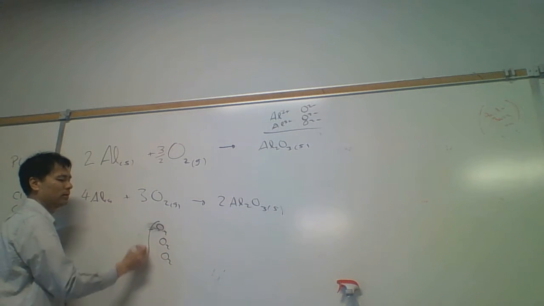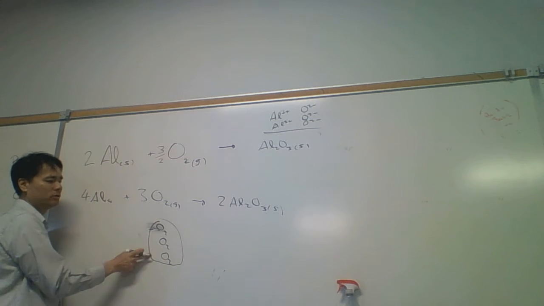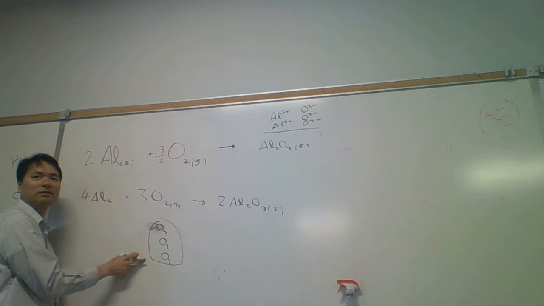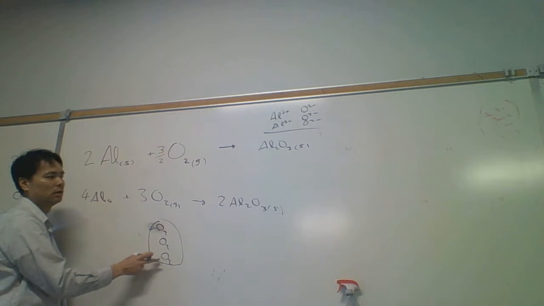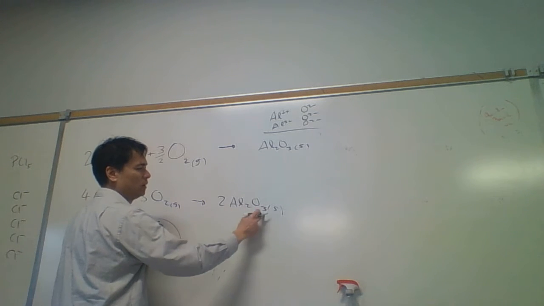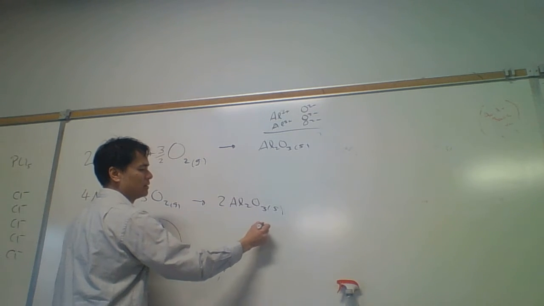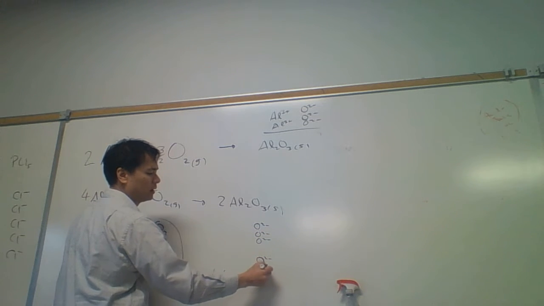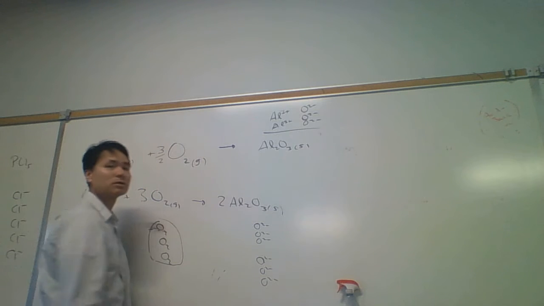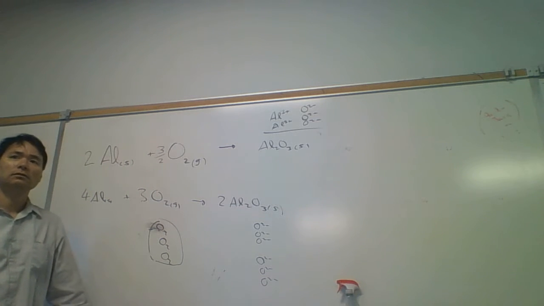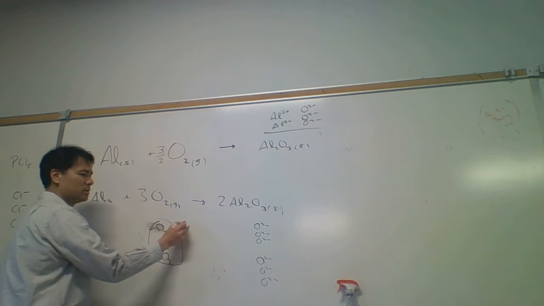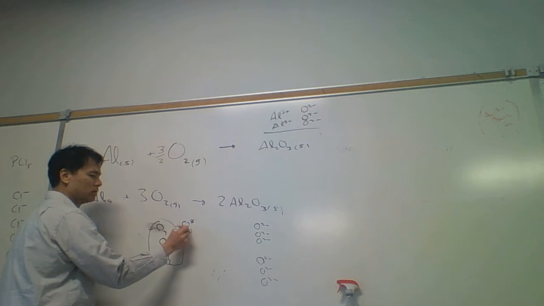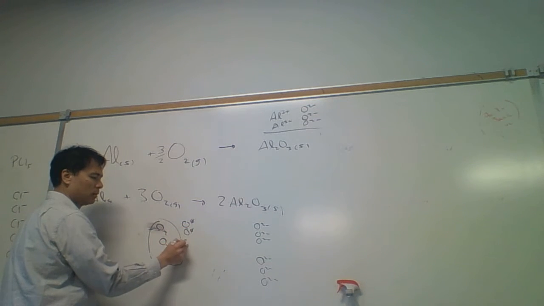That's what we mean by 3 O2s. 3 O2s has how many total oxygen atoms? 6. And then over here we have 2 of these, and each of these has 3 oxides. And so we've got 2 of them, so all together we're going to have 6 oxides. And so each O2 is oxygen with what charge? 0 charge.